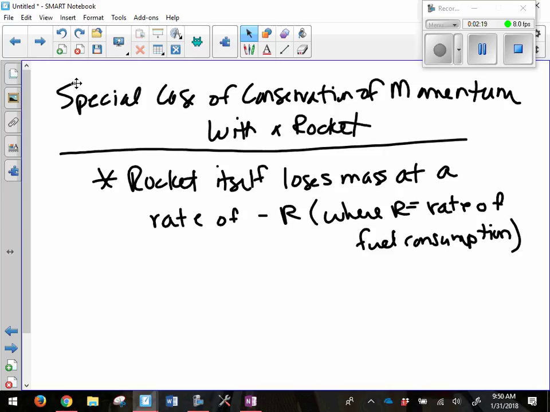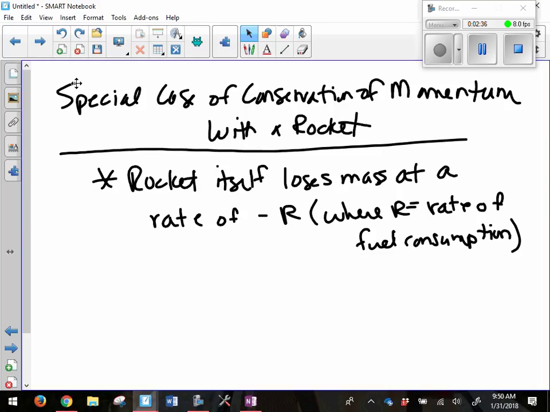You get water, okay? And so they mix, they form a gas. The gas gets pushed out one way, and to conserve momentum, the rocket has to go in the opposite direction. That's the way a rocket works. You just have to find the right mix of fuel.